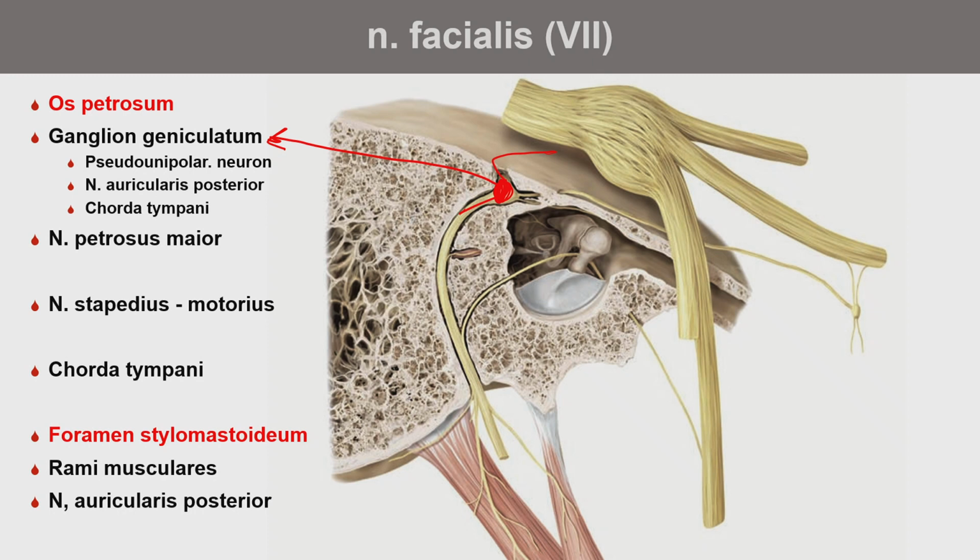This is pseudo-unipolar for the posterior auricular nerve, and pseudo-unipolar for taste sensations from the chorda tympani, from the anterior two-thirds of the tongue. Then we have important branches. I have said this is the greater petrosal nerve, which is then going to the pterygopalatine ganglion.